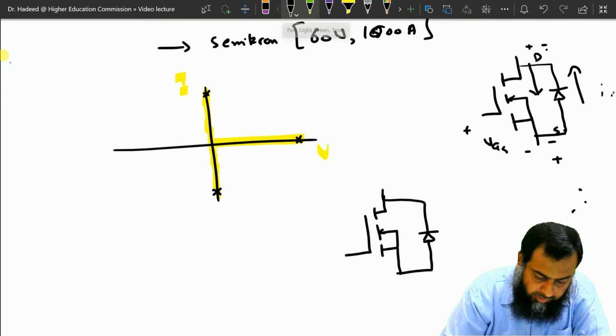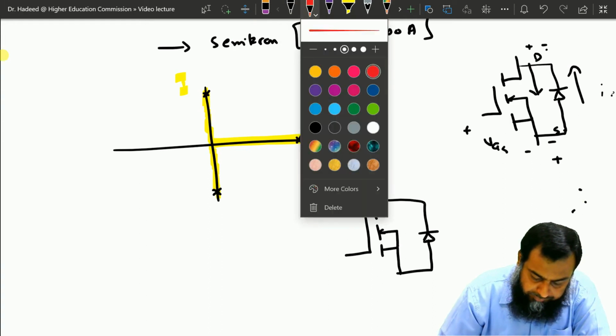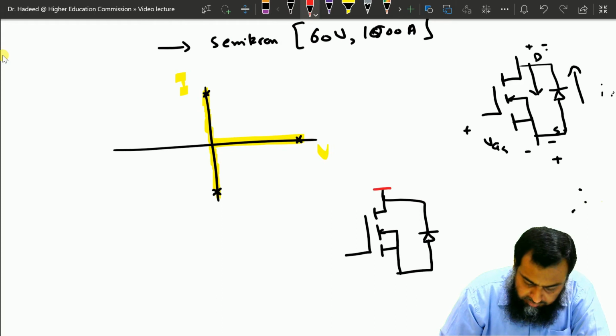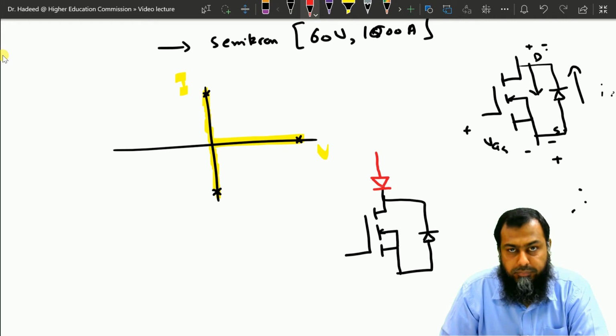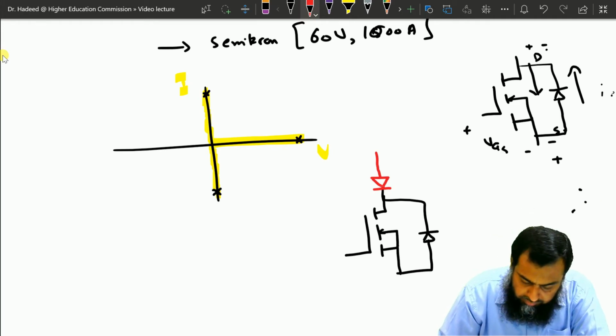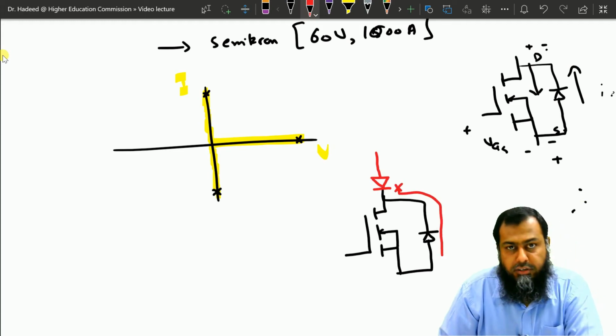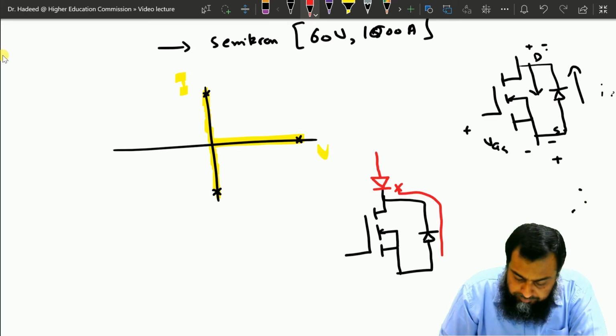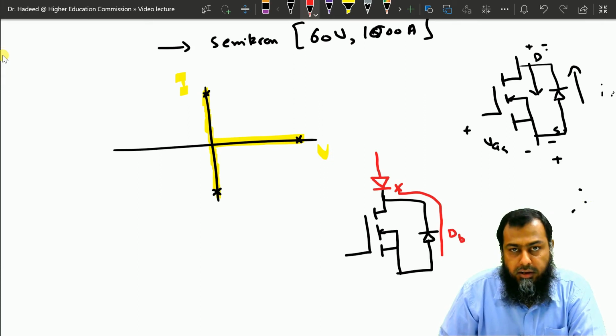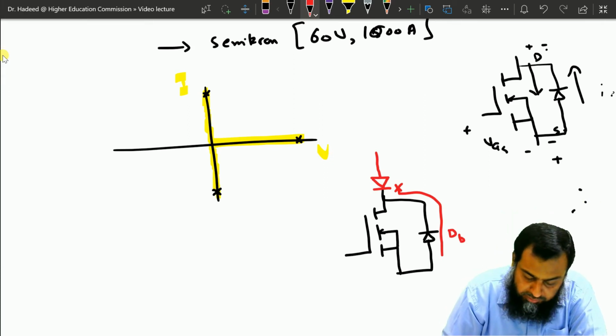To block it, what we do is that we connect a diode here in series with the drain. Therefore, the addition of this diode does not permit the current to flow in the negative direction, because when the current flows here, it cannot go further because this diode is reverse biased, and therefore the functioning of this body diode dB is effectively nullified by the placement of this blocking diode here.